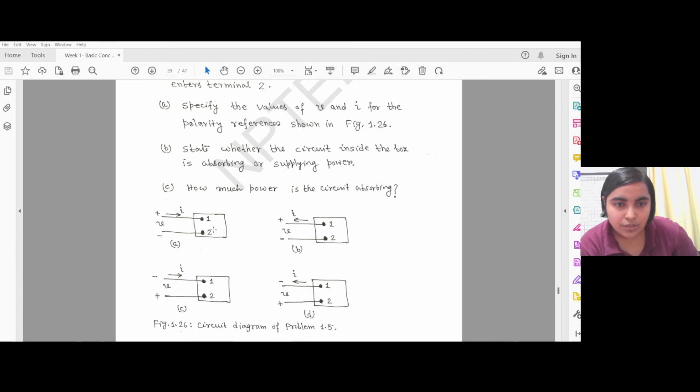So this is the positive and this is the negative side. 1 is negative, 2 is positive, and current is entering through 2. That means it is entering through the positive side. Are you getting it? Yeah, so it is absorbing power, right? Yes, ma'am. Clear.